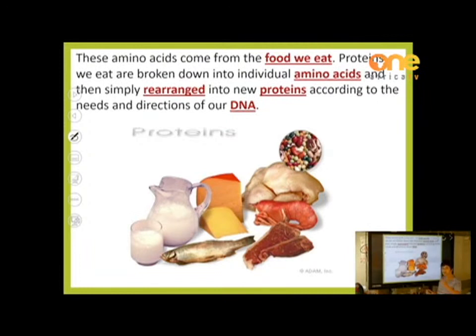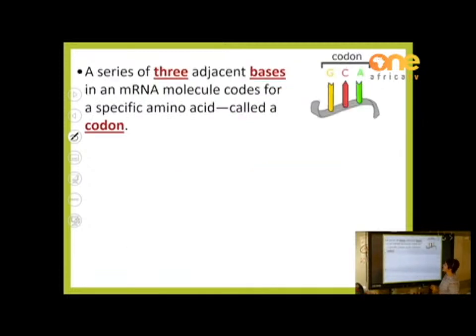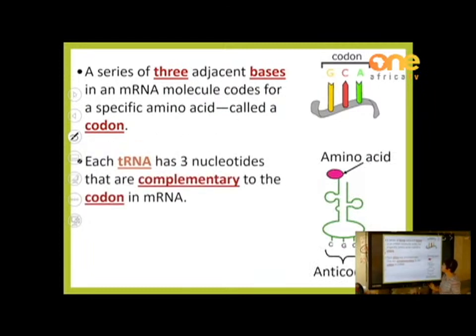This tRNA, together with the code on the mRNA, rearranges all the amino acids so that I can have a new protein with a specific function in the human or any other animal or plant cell. And again, a series of 3 adjacent bases on the mRNA is a codon, and a series of 3 nucleotides that are complementary to the codon will be on the tRNA.